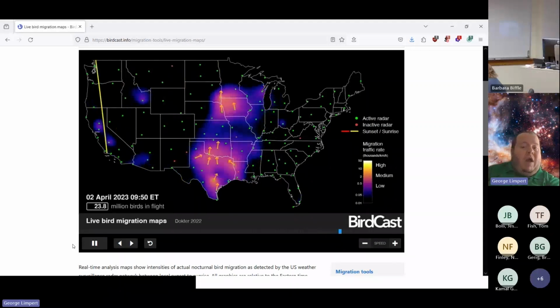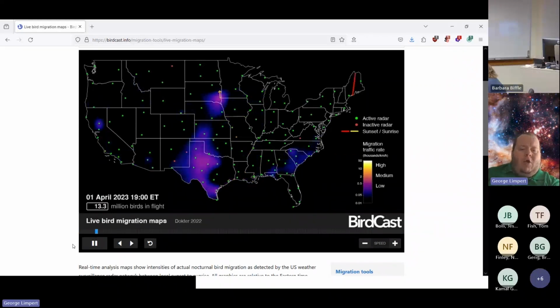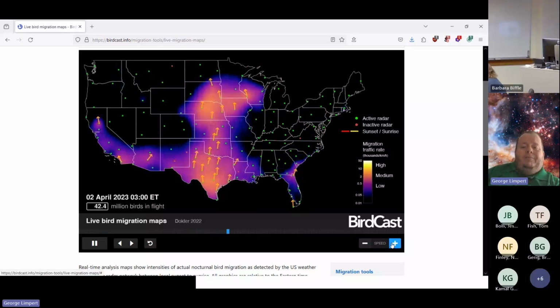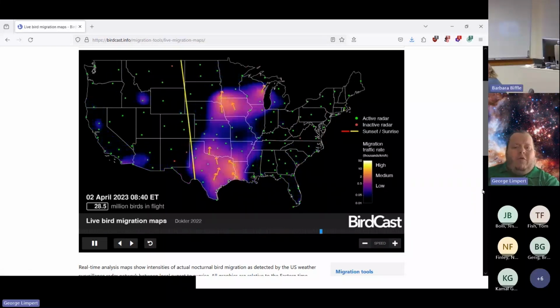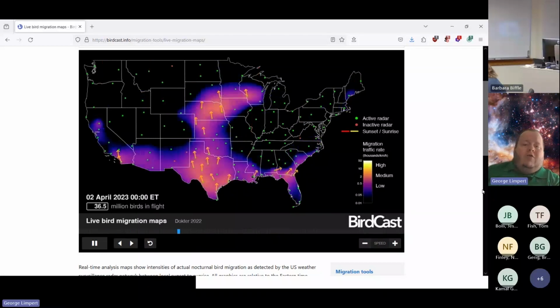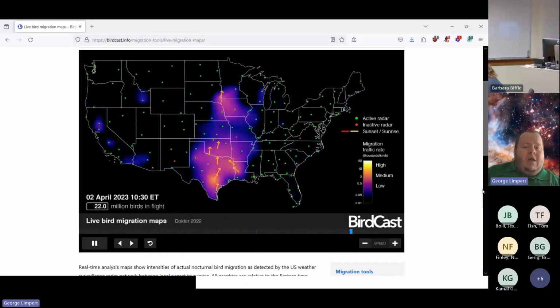And then once the sun rises, with that yellow line, you see changes in the amount of birds that are in flight. I'll loop this through and turn up the speed a little bit, but this is an example of what's already done for tracking birds. I thought it was a really cool image, and you can get the archive data going back several years on birdcast.info.